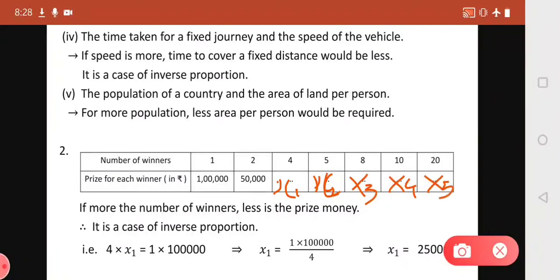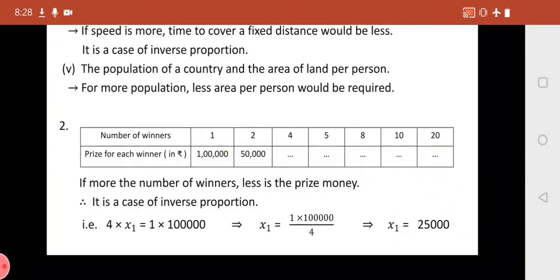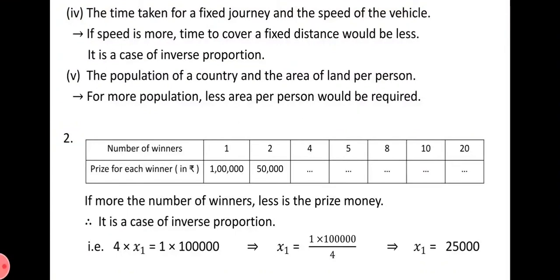Now we have seen that the product remains constant, that is, 1 multiplied by 1 lakh will give 4 into x1. Therefore, we get 4 into x1 equal to 1 into 1 lakh.